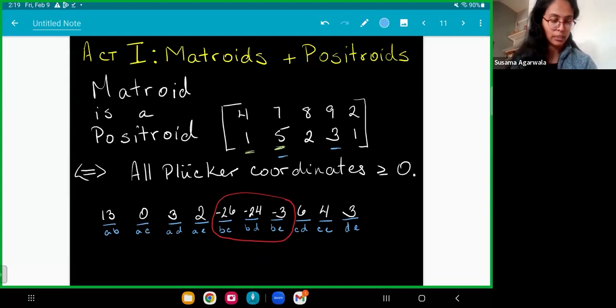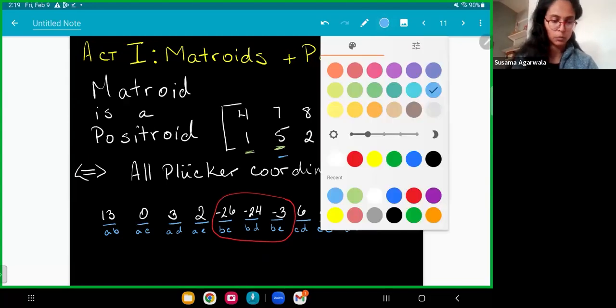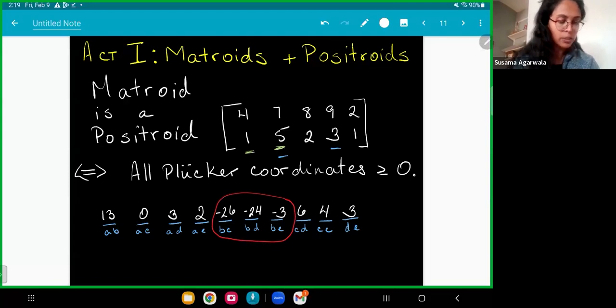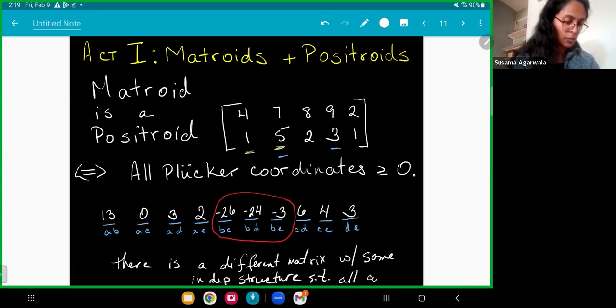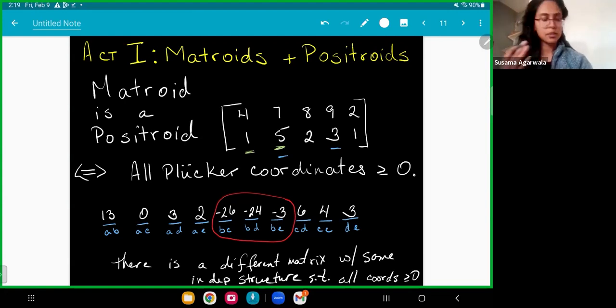But it turns out, and I wish I'd done this calculation ahead of time, because I was just not thinking carefully enough, that in this case there is a different matrix with the same independent structure, such that all coordinates are greater than or equal to 0. So you can go and find that. I might just leave that as an exercise to the reader.